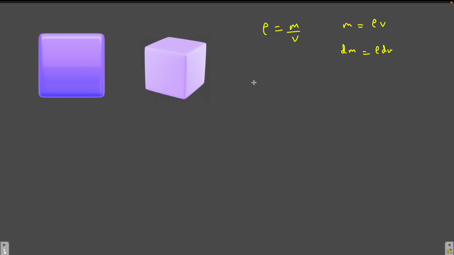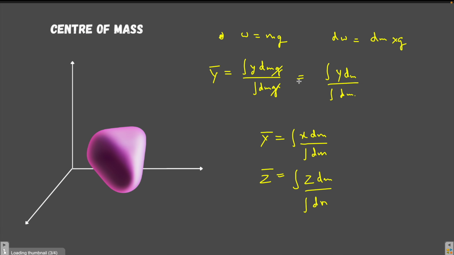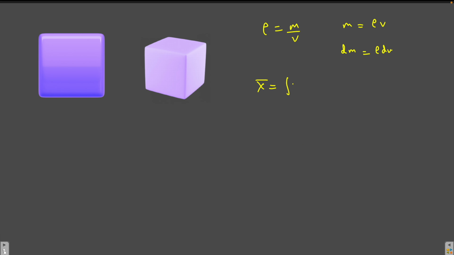So we'll get x bar as integration of, instead of dm, we will write rho dv. So we'll write x rho dv by integration of rho dv, and rho will get cancelled out, and we will be left with integration of x dv by integration of dv.